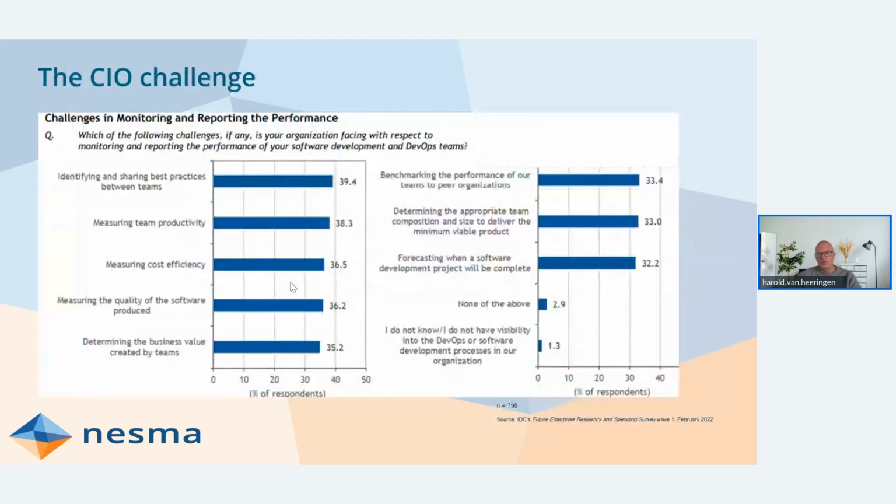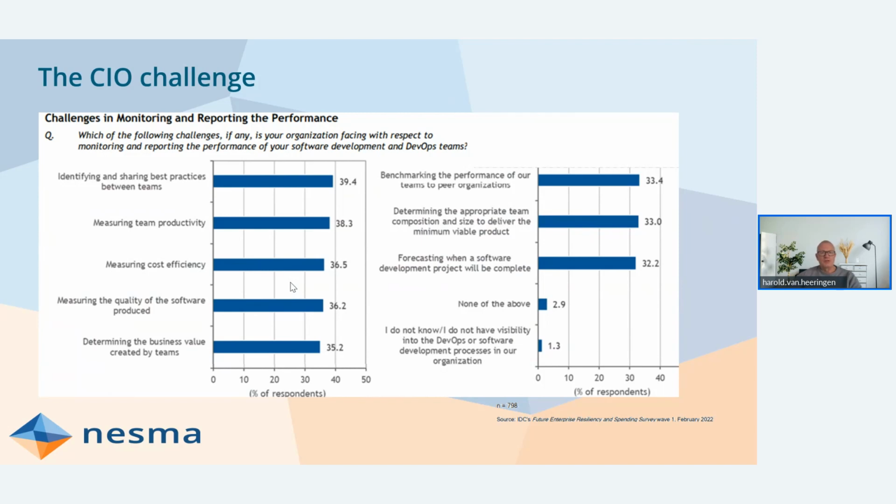Then we look at the CIO challenge here. This is a research question from our RDC Future Enterprise Resiliency and Spending survey, wave 1 of last year, 2 years ago, where we questioned about 800 CIOs about their challenges in their application development.